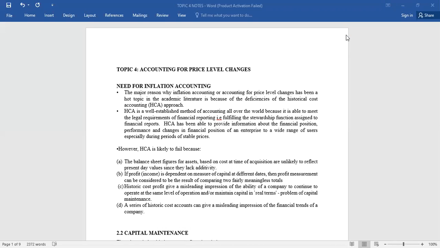Secondly, if the profit or the income is dependent on the measure of capital at different dates, then the profit measurement can be considered to be the result of comparing two fairly meaningless totals. And when I talk of two fairly meaningless totals, I mean our profit results will always be overstated.